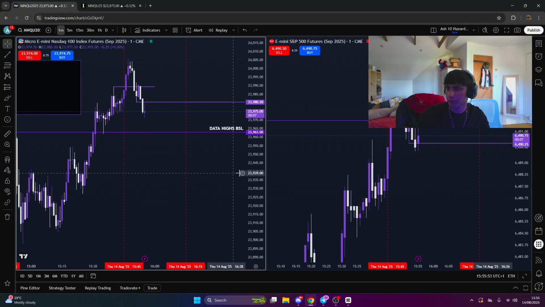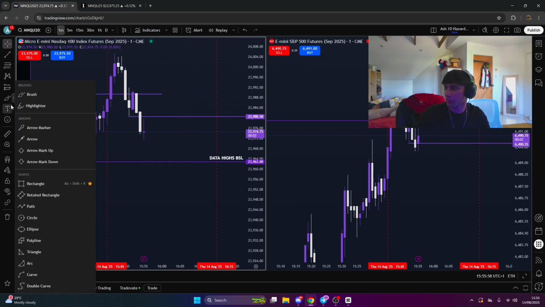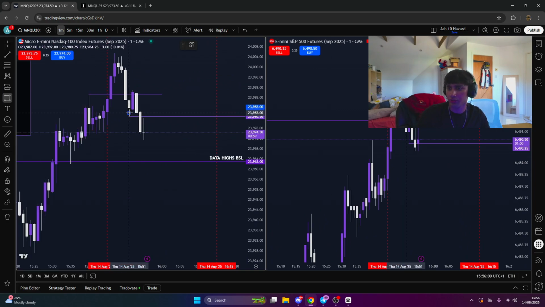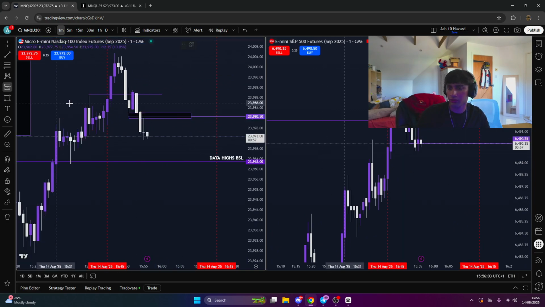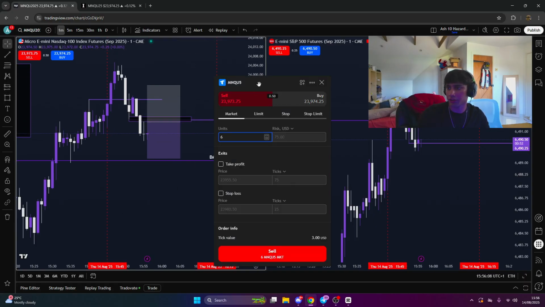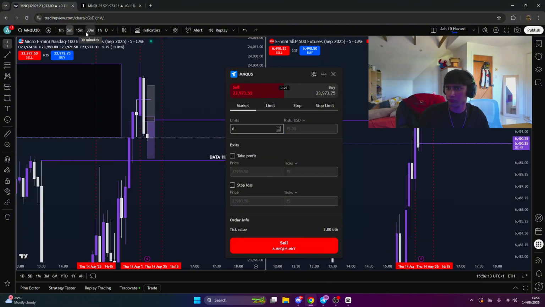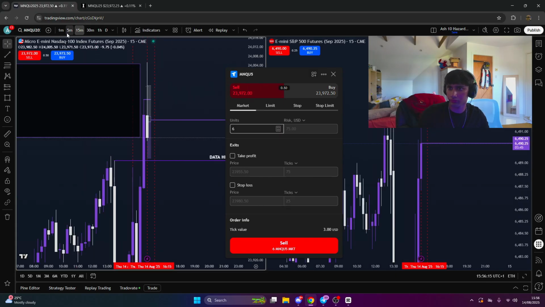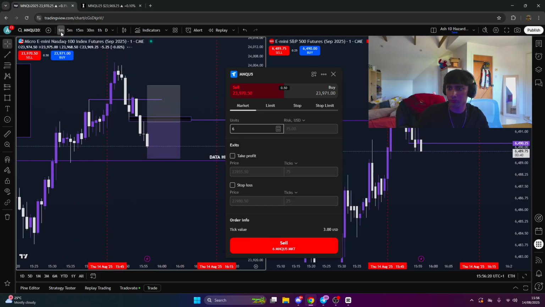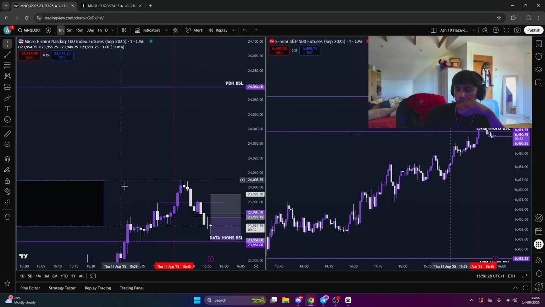Wait for the... because ES has closed below that swing low, and it's got a fair value gap. Yeah, looking for shorts off this 1 minute bearish gap.